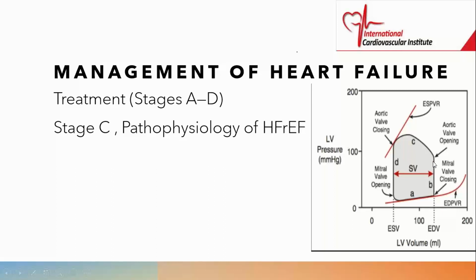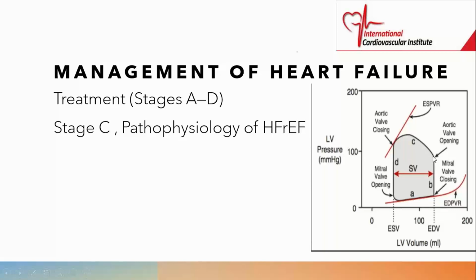The pressure is increasing because the heart muscle is tensing, the heart muscle is contracting, but the aortic valve is not yet open. So the mitral valve opens, the LV fills with blood, the mitral valve closes, the heart starts to contract, but the aortic valve is not yet open. This is what we call the isovolumic contraction time.